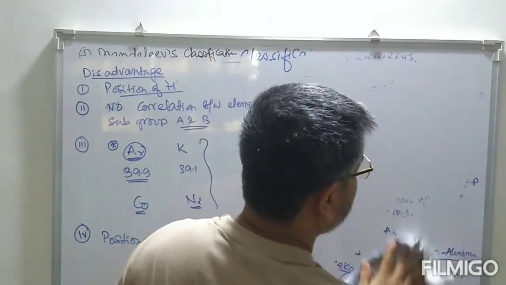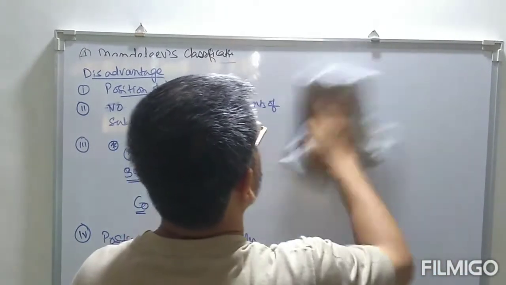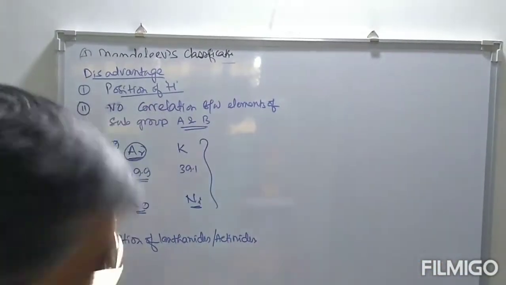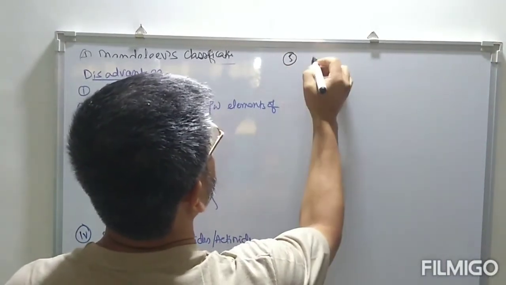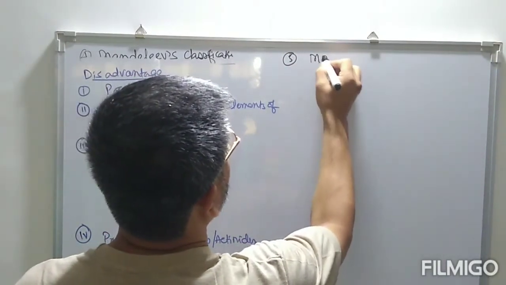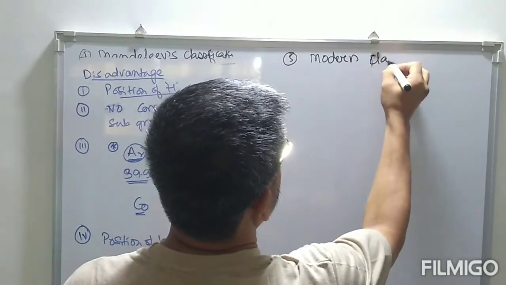Then the next thing is the modern periodic table, modern classification.